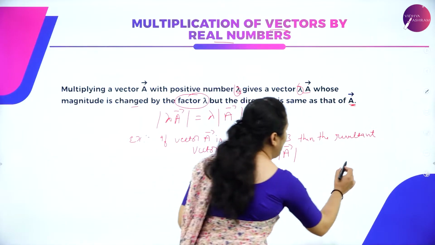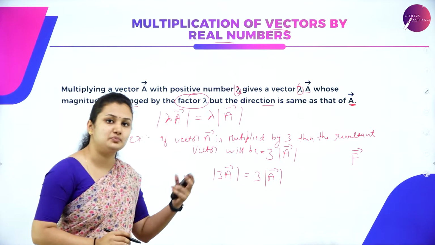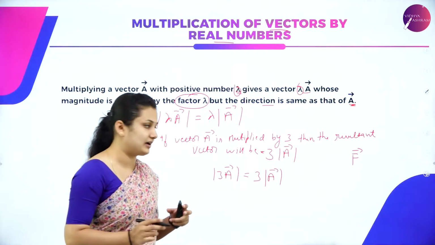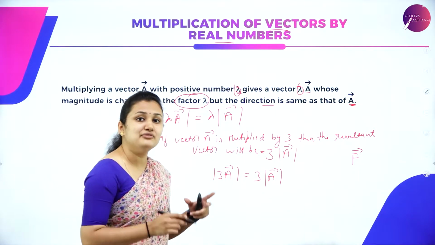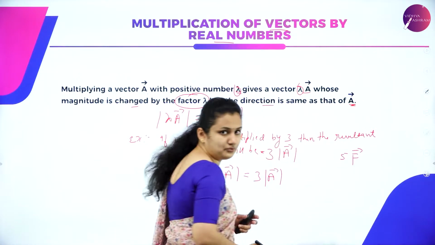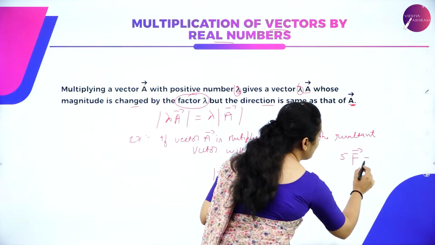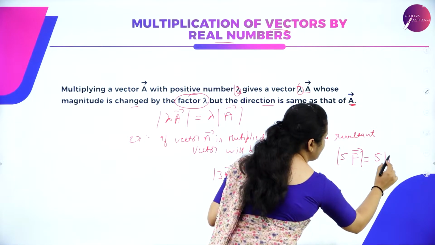For example, I have force. Force is a vector quantity which has both direction and magnitude. So I applied 5 Newton of force. That will give me 5 times the force.